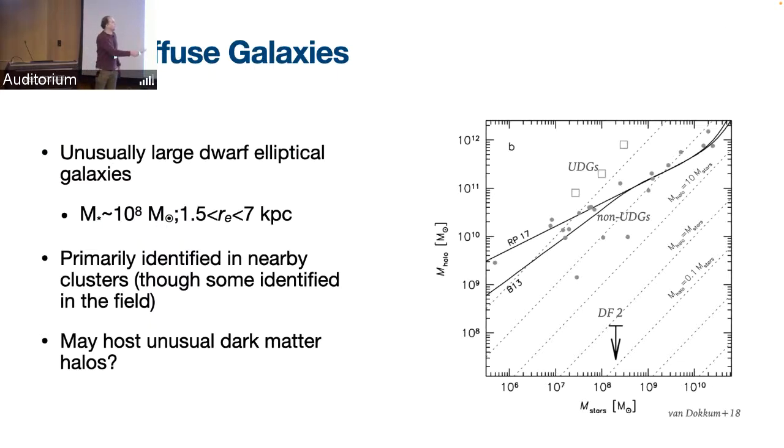You have things like GF44 up here with 10 to the 11 and a half, 10 to the 12 almost, the halo mass. And you have something like GF2, which is very similar. It has a similar stellar mass, a similar size, but halo mass that's consistent with having no dark matter at all.